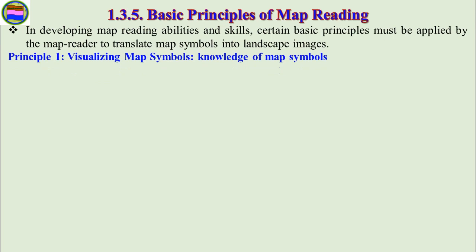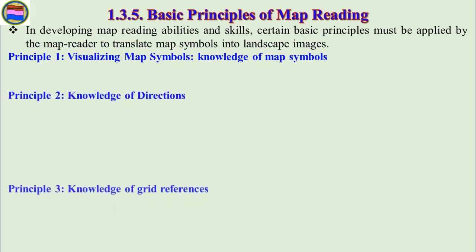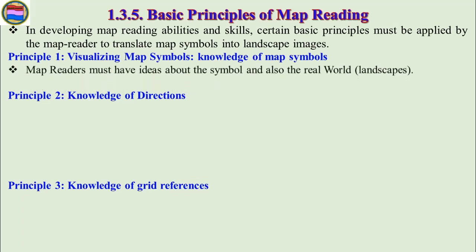The first one is visualizing map symbols, or we have to know the knowledge of map symbols. And the second one is the knowledge of direction and the knowledge of the grid reference system. When you are talking about the knowledge of map symbols, map readers must have ideas about the symbols and also the real world landscapes.